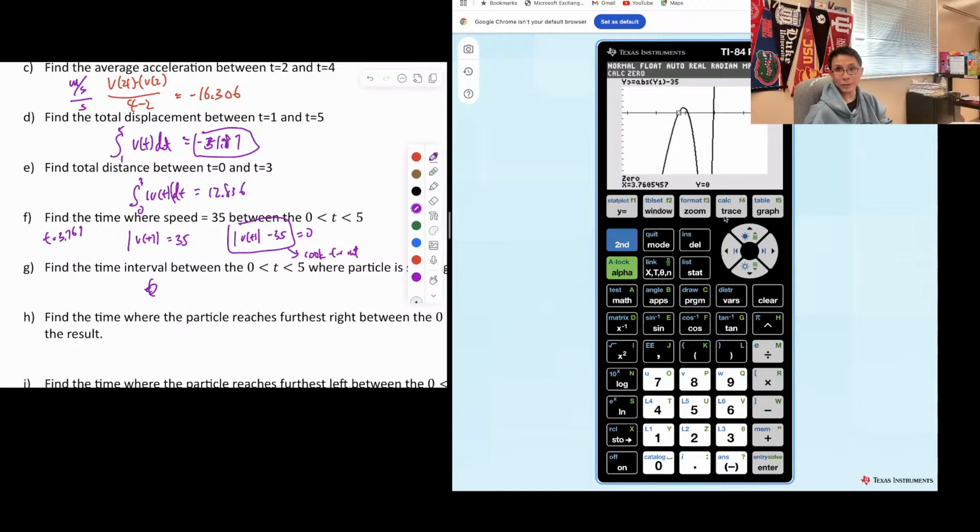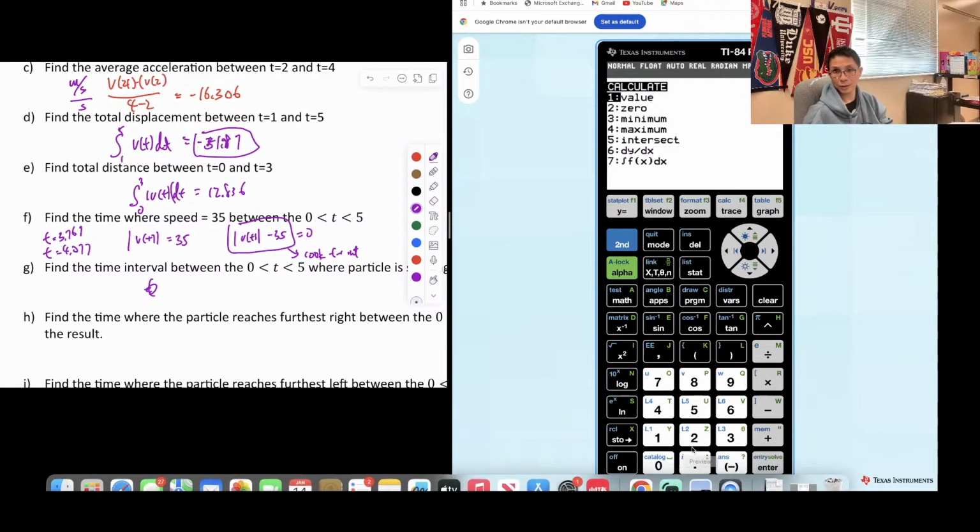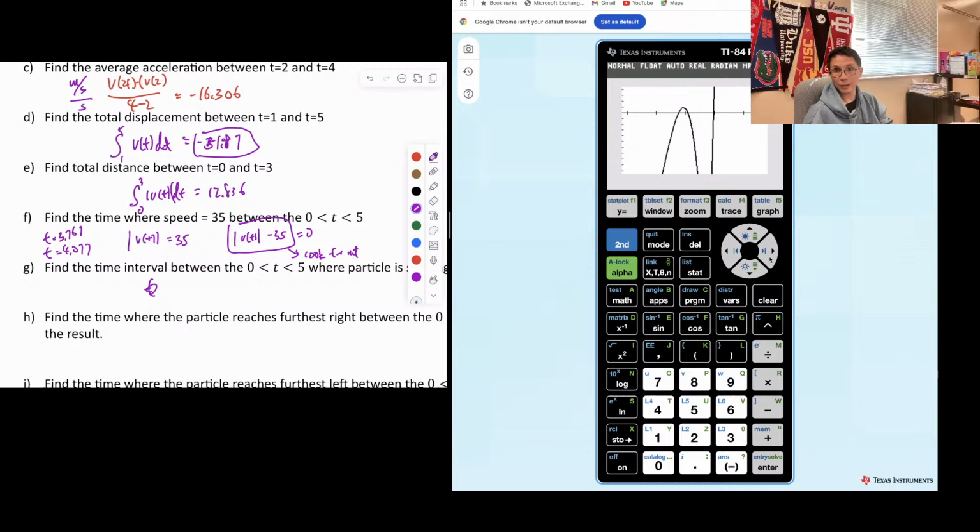I can calculate the other 2. So let me calculate the other 2. Zero. Oops. I'm going to press enter here, and I'm going to press enter here. That's going to give me a second value, 4.077, if I know how to round. I'm going to do second calc, zero, to get to the third one.